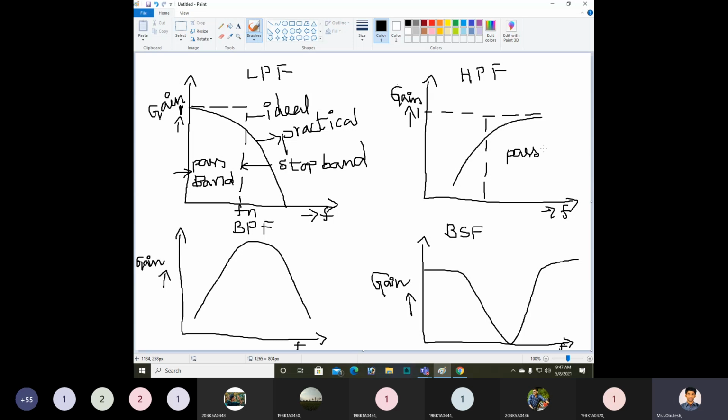Okay, you need to draw like this. This is the pass band. And this one is stop band.